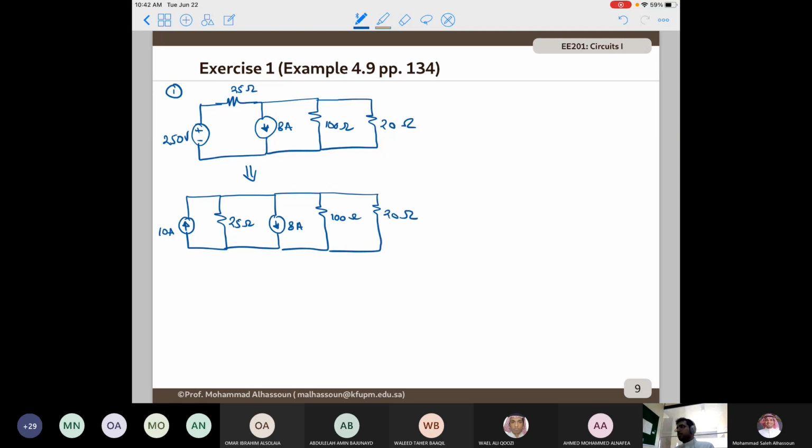Okay, so now what do I have? I have two current sources. They are in parallel, so I can add them up. And let's see, Ibrahim, what will be the next simplification?